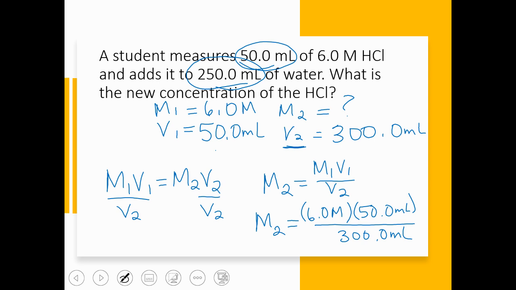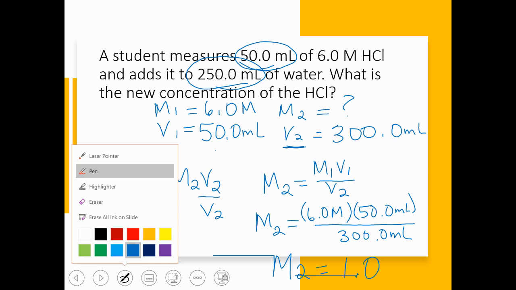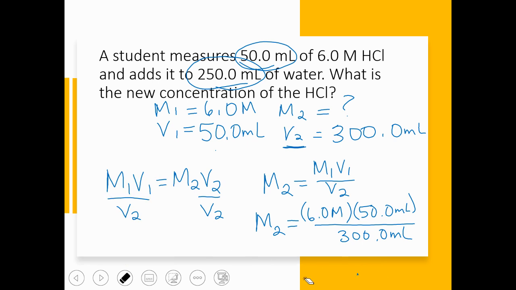If I multiply those top numbers and divide by 300, that's going to give me my new molarity, which is going to be 1.0. I need to keep 2 sig figs.